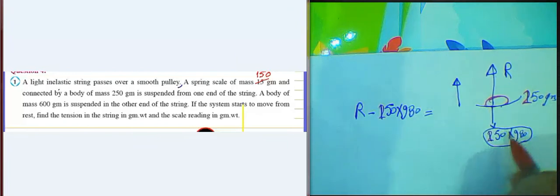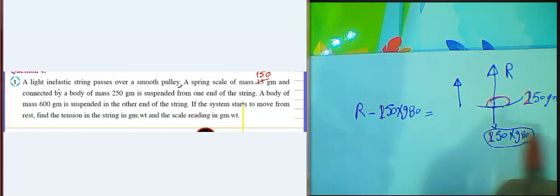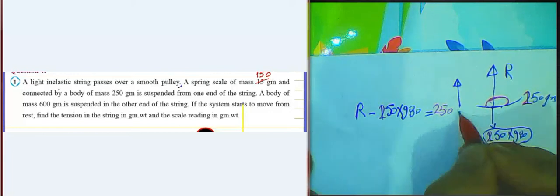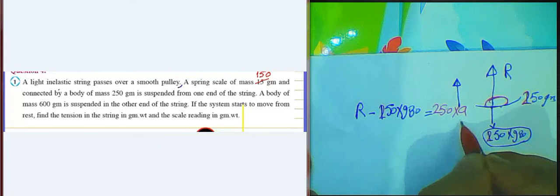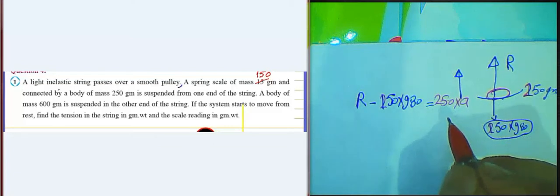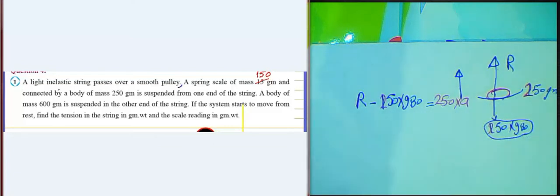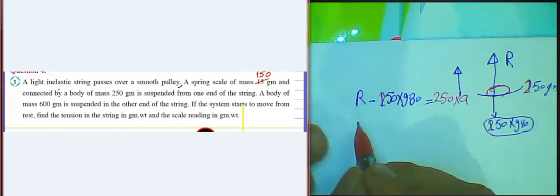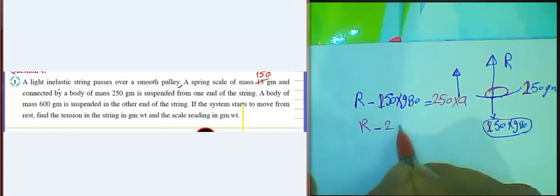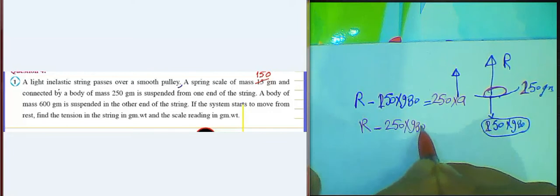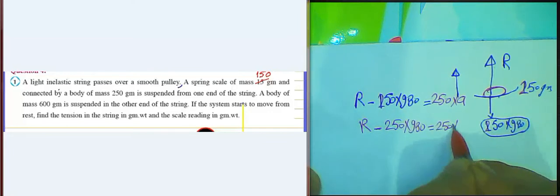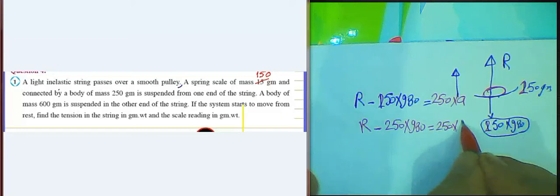So R subtract the weight here, 250 multiplied 980, equals M multiply A, equals 250 multiplied by acceleration. We have the result about acceleration, 196. Okay, acceleration. So we can write R subtract 250 multiply 980 equals 250 multiplied by 196.